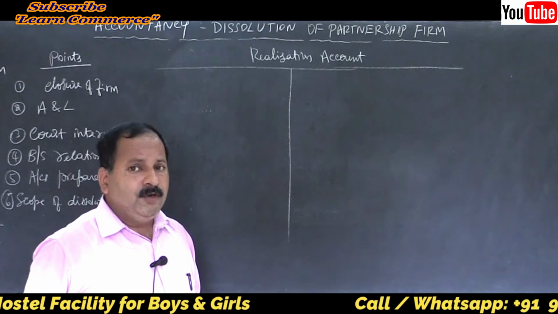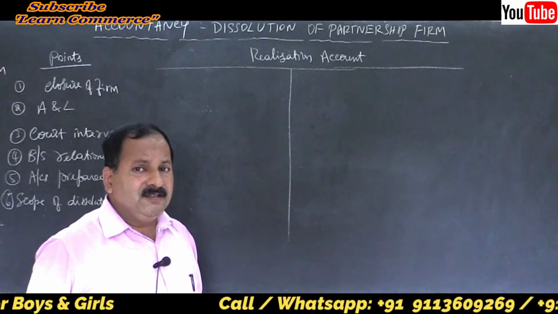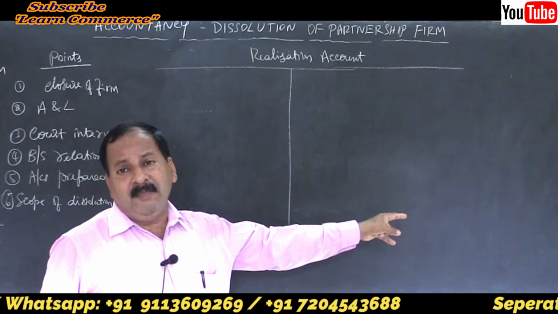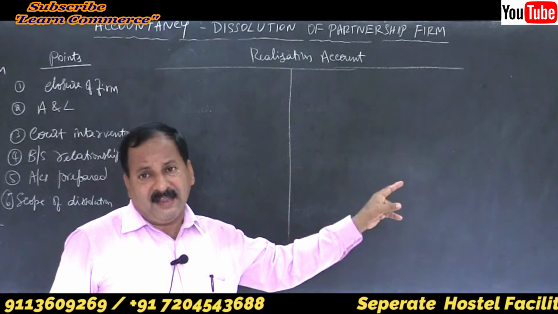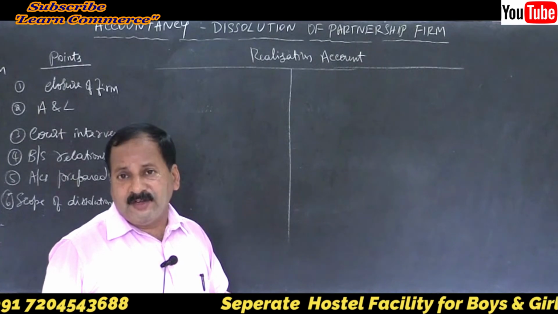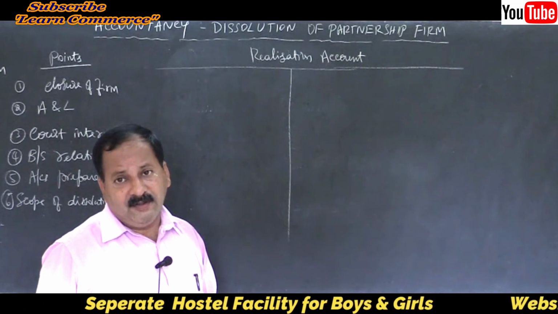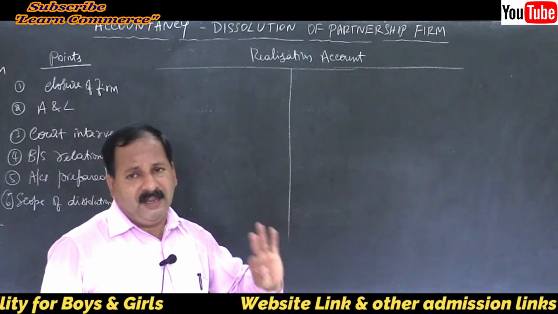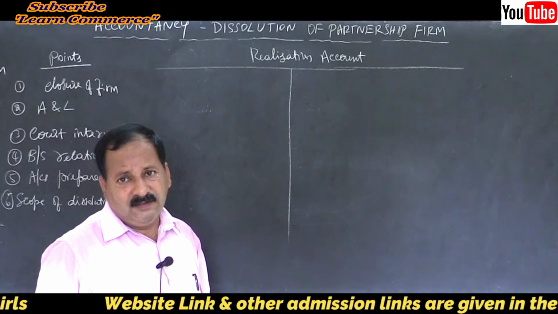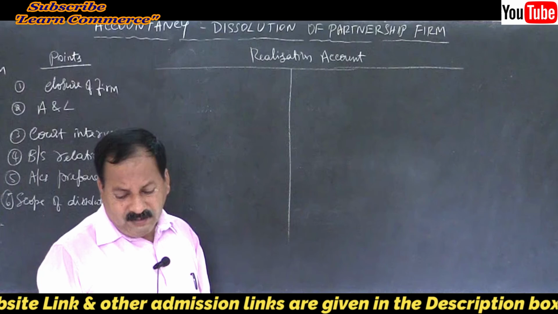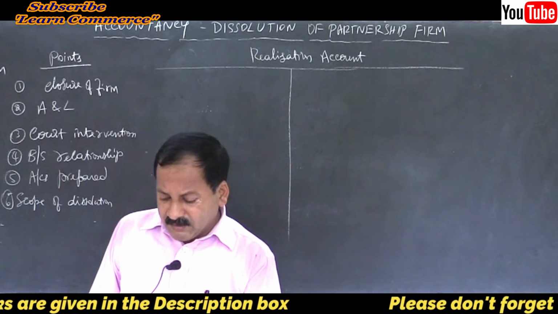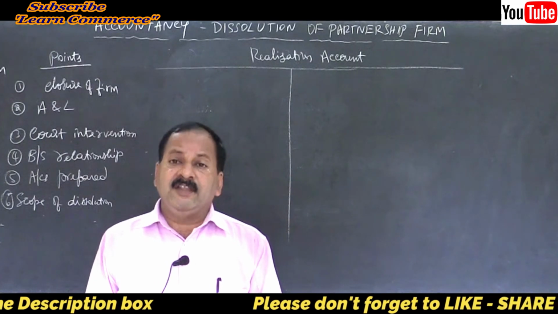You have to transfer that partners loan account to bank account. You have to make payment through cash or bank account, not through your realization or capital accounts. Remember, it will find a place only in the cash or bank account, not in any other place. So, I will take up the crucial items, points to be remembered while preparing ledger accounts.